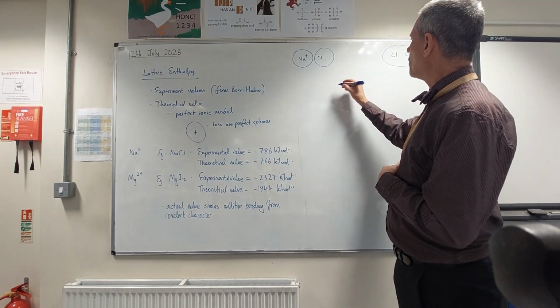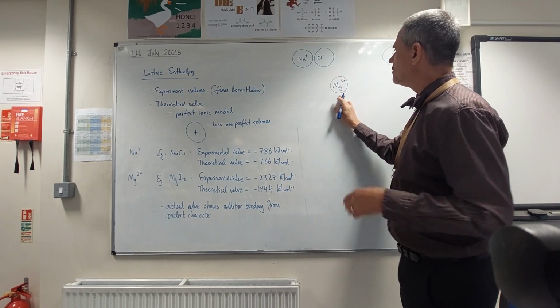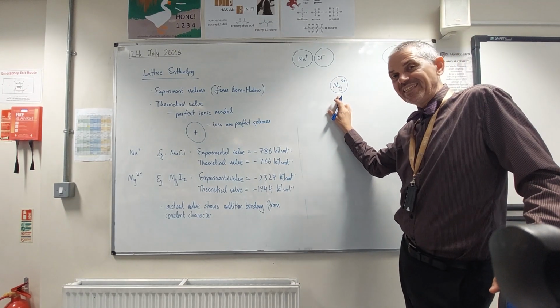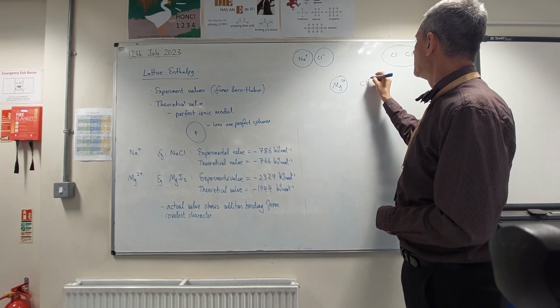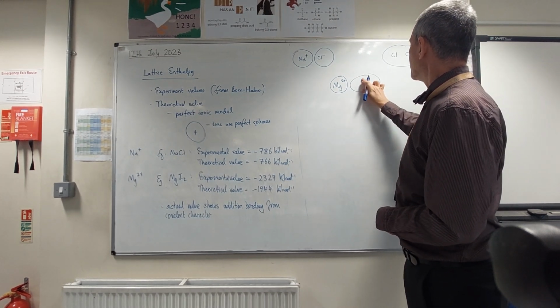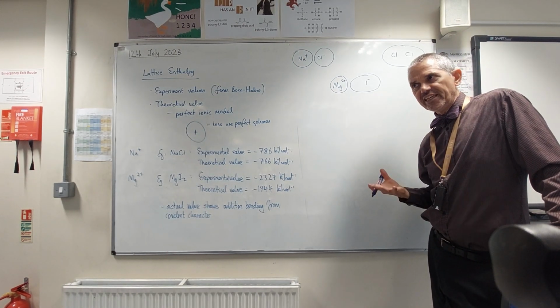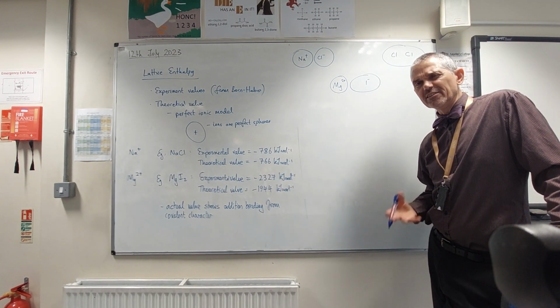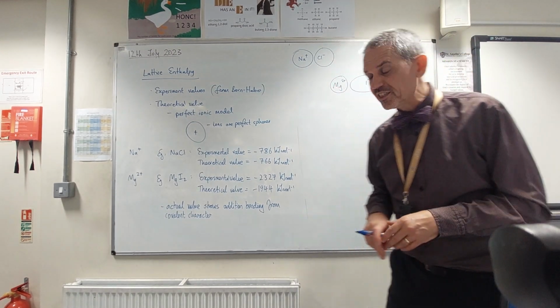Well, what we get is the small, highly charged magnesium ion can actually distort, well, it's iodide, isn't it? Can actually distort the cloud of the iodide ion, making it a bit covalent.